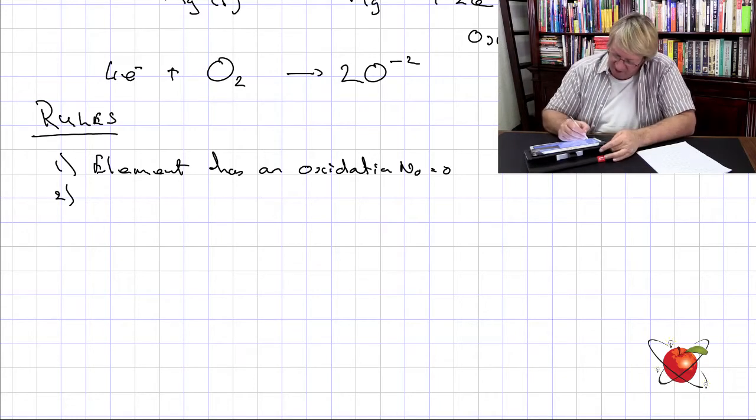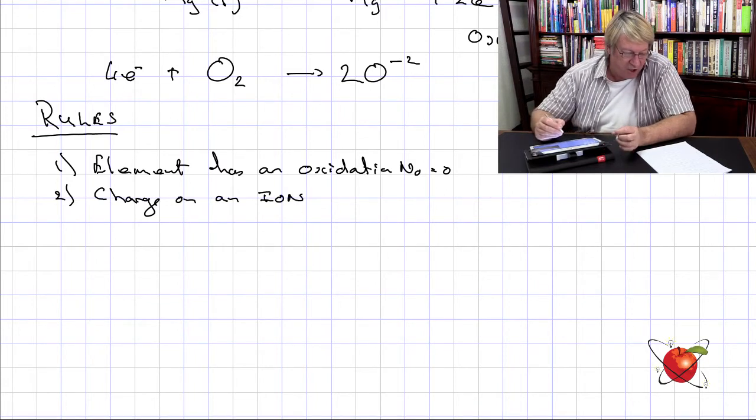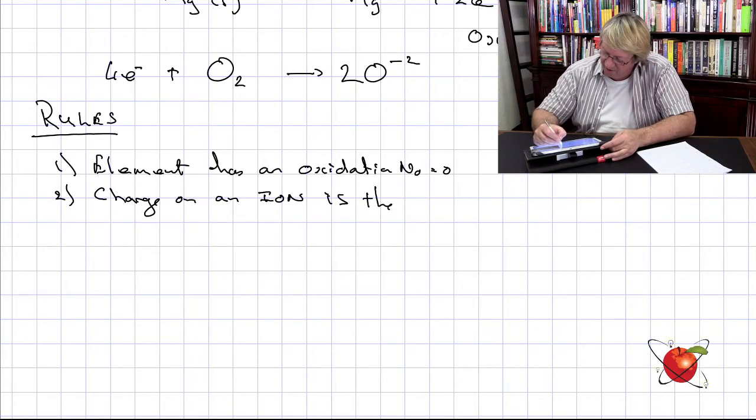Then, the charge on an ion is the oxidation number.